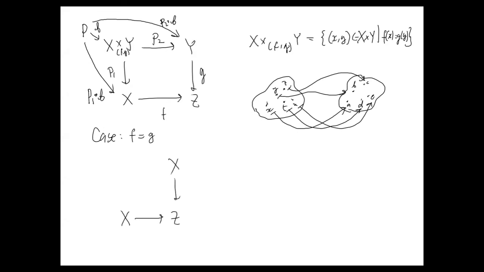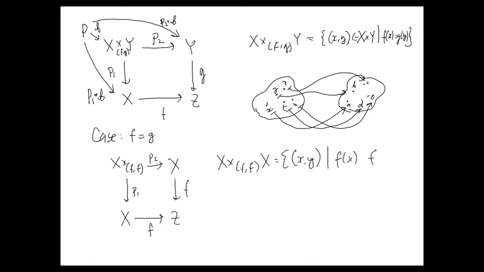We get two identical maps, F and F, and my pullback is then the set of those pairs (x, y) such that F of x equals F of y.